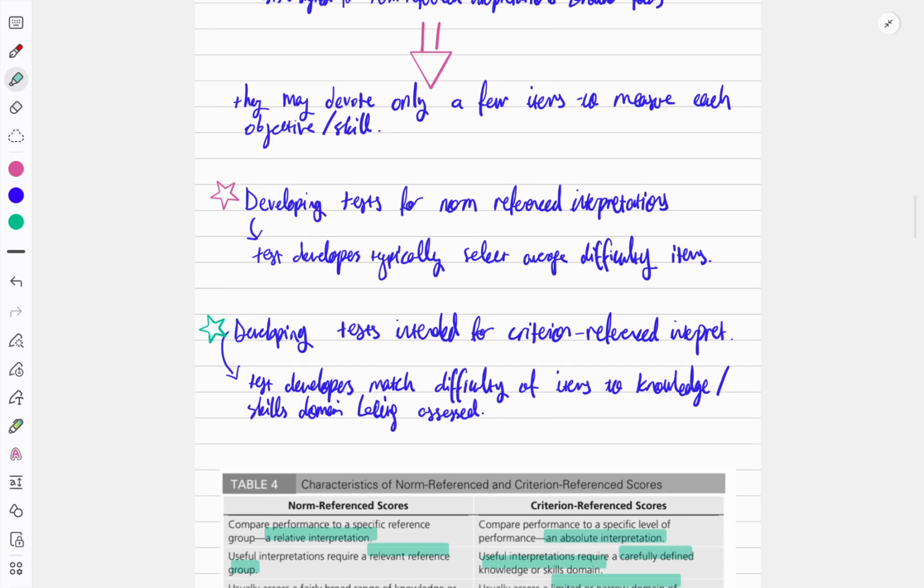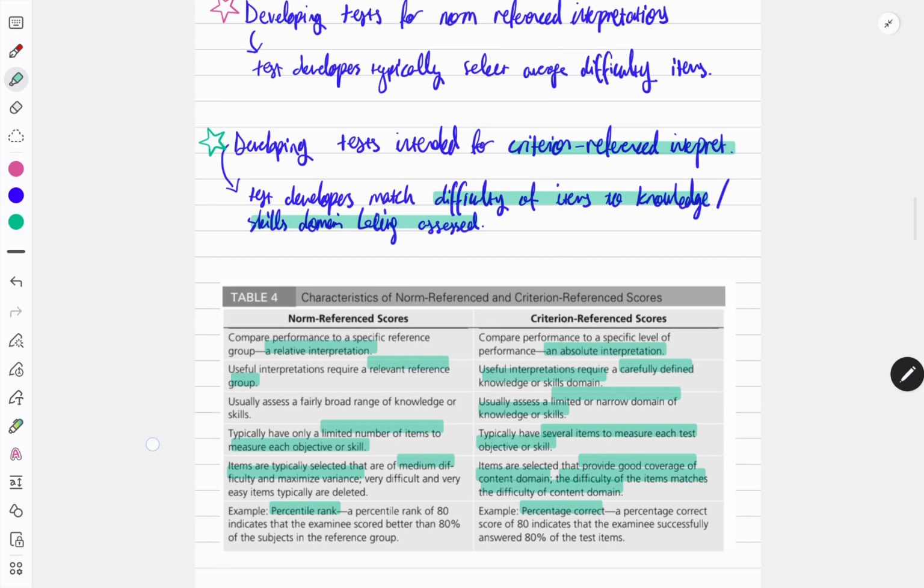But when we are developing tests intended for criterion reference interpretation, it's not about how average the difficulty is; it's about how difficult we need the items to be to measure the skills or the knowledge that are being assessed in the students.